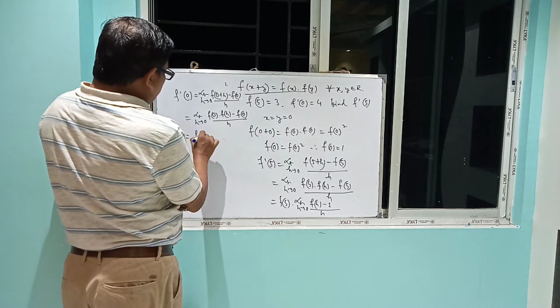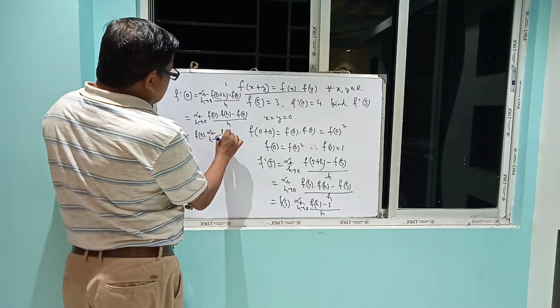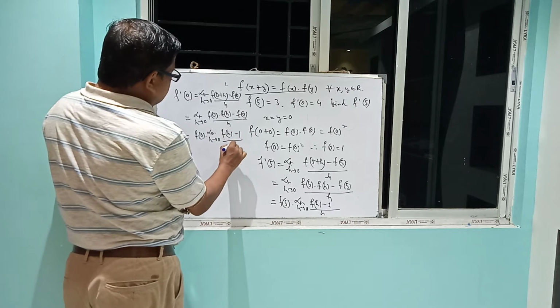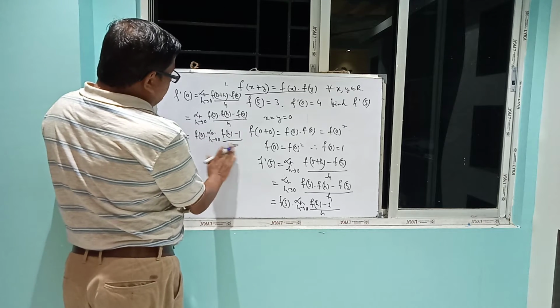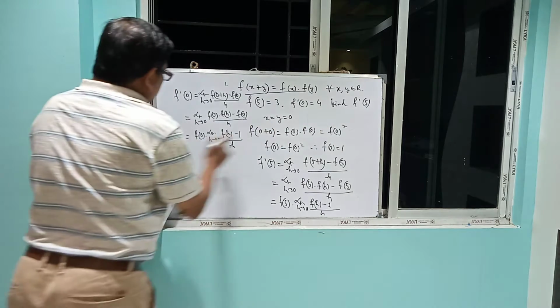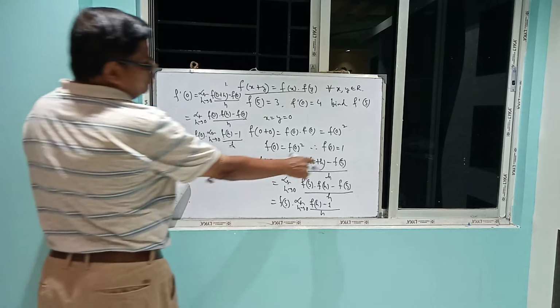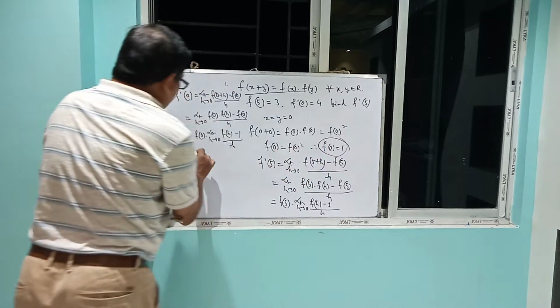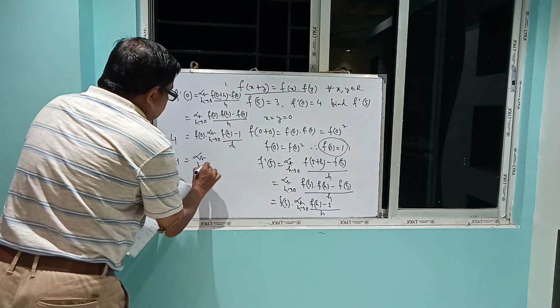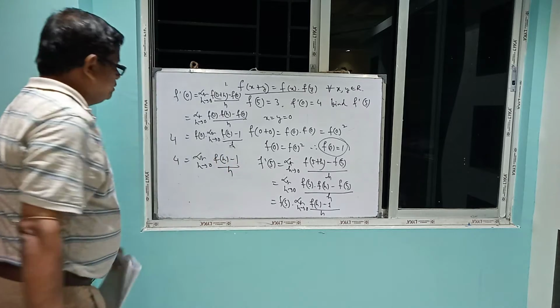So write take f0 common. So limit h tends to 0 f of h minus 1 by h. Now f0 is there. f dash 0 is 4. So write 4 equal to, this f0 is 1, write 1. So you have limit h tends to 0 f of h minus 1 by h.